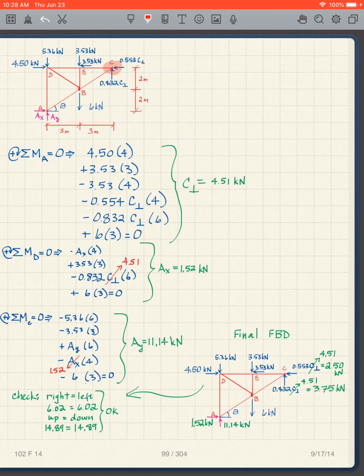And now I'm going to take moments about point C. My only unknown left is AY. So taking moments about point C, again, I eliminate a number of forces here, so it simplifies my life a little bit.